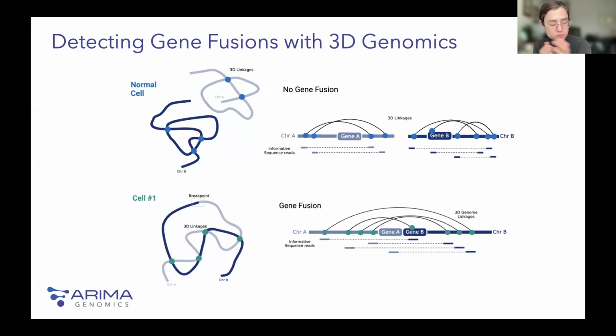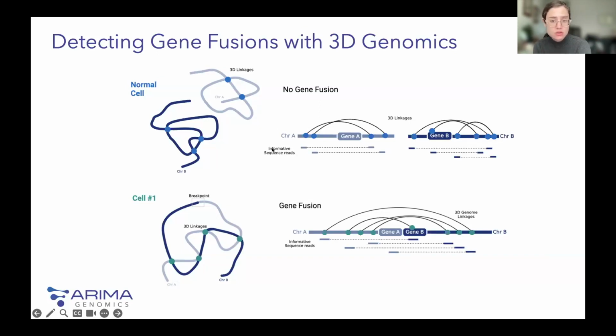So how does it work? How do we detect gene fusions in 3D genomics, and how is the fusion manifested in our data? Let's say we have a normal cell where we have chromosome A and chromosome B that are not fused, right? And we get reads and interactions within each chromosome separately.